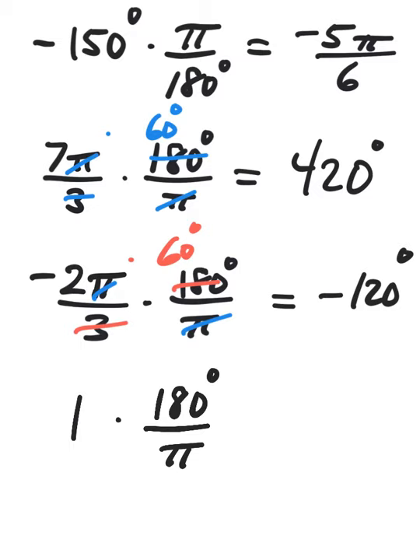Once we convert this to degrees, I'm going to give you a visual of what 1 radian actually means as an angle. But let's take 180, divide it by pi. If your calculator has a pi button, use it. If not, 3.14 is close enough for this example. 1 radian is equivalent to 57.3 degrees.